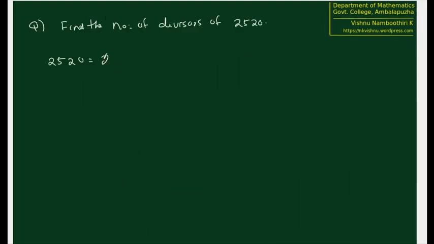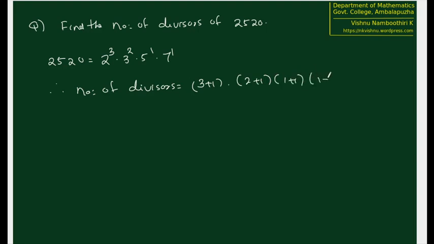So 2 cube 3 square 5 to the 1 7 to the 1. Therefore the number of divisors, as per our observation, is 3 plus 1 into 2 plus 1 into 1 plus 1 into 1 plus 1. This is 4 into 3 into 2 into 2, which is nothing but 48. So 2520 has 48 positive divisors, including 1 of course, and the number itself.